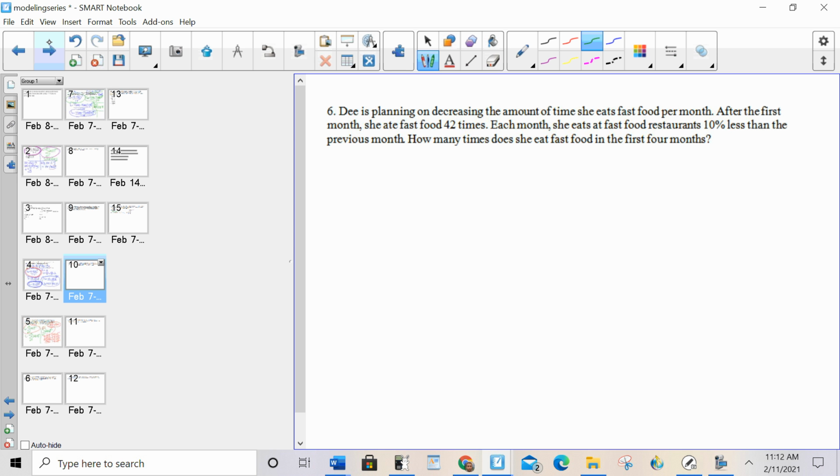After the first month, she ate fast food 42 times. So A1 is 42. Each month, she eats at fast food restaurants 10% less than the previous month. So if it's 10% less, then the common ratio is 1 minus 0.10, which is 0.9.